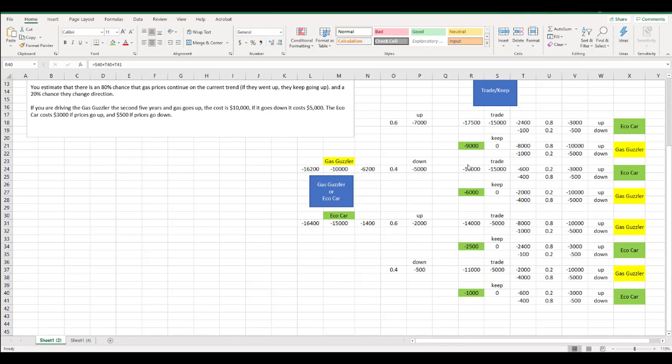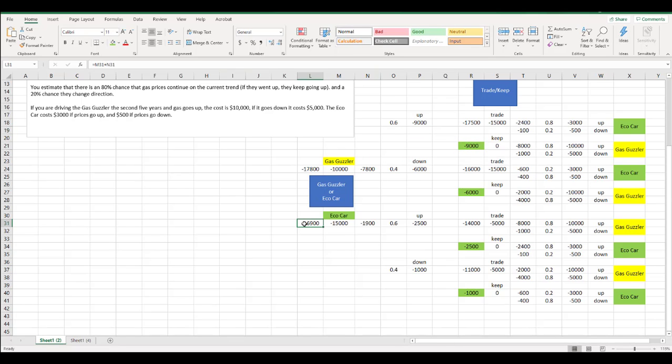Once I've gotten these, we actually use this number to replace this number. So this value becomes this, this value becomes this, and this value becomes this.